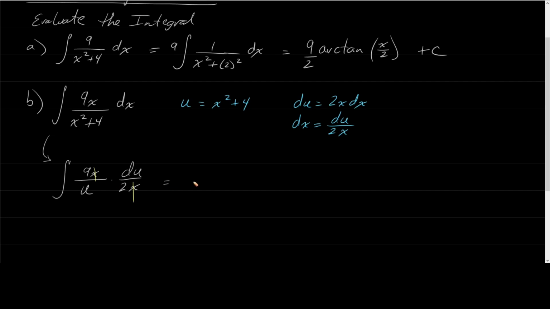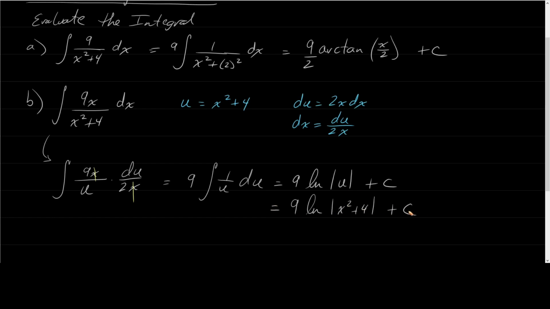So what we really have here is just 9 times the integral of 1 over u du, which is 9 times ln of the absolute value of u plus c. And the problem was not about u, it was about x squared plus 4. So we have 9 times ln of the absolute value of x squared plus 4 plus c. All right. So a very similar looking integral, but a very, very different way to attack the problem.